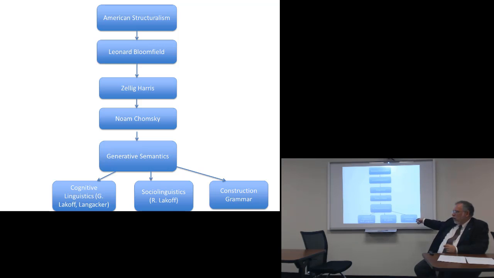And then, other things like construction grammar, which is quite popular nowadays, and many, many other approaches come from this sort of splintering off of generative semantics. And then, of course, there are still people who do Chomskyan type linguistics, and that's called minimalism.